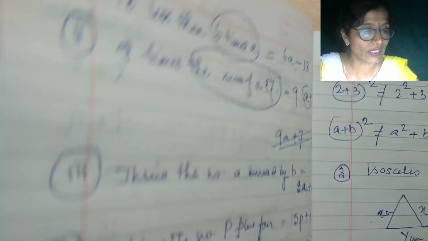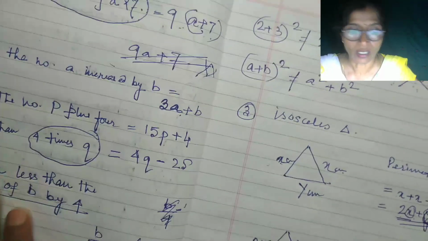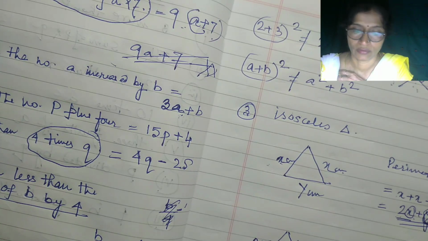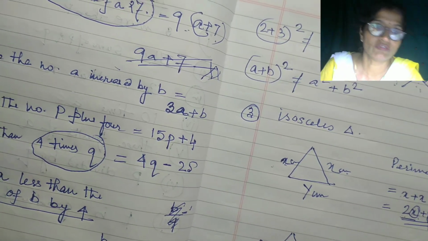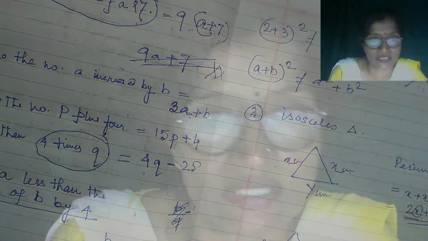So this is all about how we can write a statement in terms of algebraic symbols, means in terms of letters x, y, z, etc. So this I have explained to you. I've tried to explain to you a little bit about what algebra is.